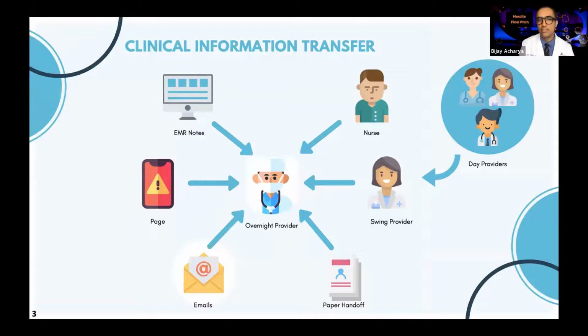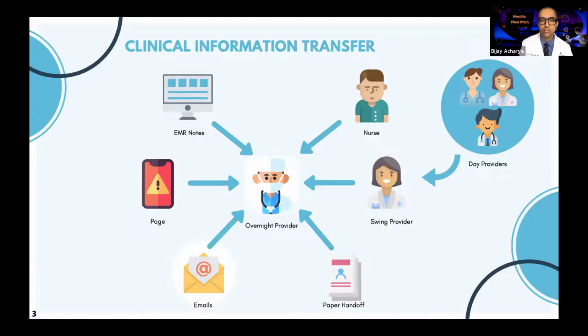At any given time in a hospital, there are multiple providers and clinicians communicating clinical information for a patient through different modalities, whether it's EMR notes, e-chat, pages, emails, faxes, printouts, with different physicians coming in at different times to do different shifts.